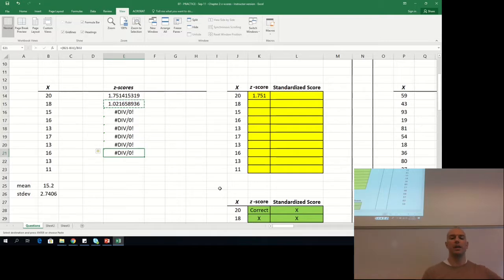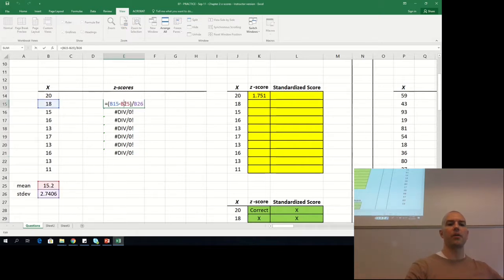And the reason for this is because we didn't set this up correctly. If you double click on the one that we did correctly, you can see that Excel is accessing that raw score, and the mean, and dividing everything by the standard deviation. But as soon as we copied and pasted that down, yes, we got the correct raw score, but now look, it's subtracting the standard deviation, and it's dividing by nothing, because we didn't set up our formulas correctly.